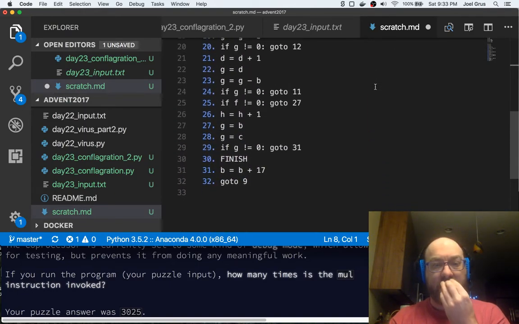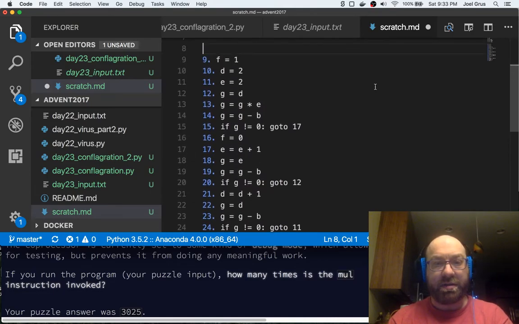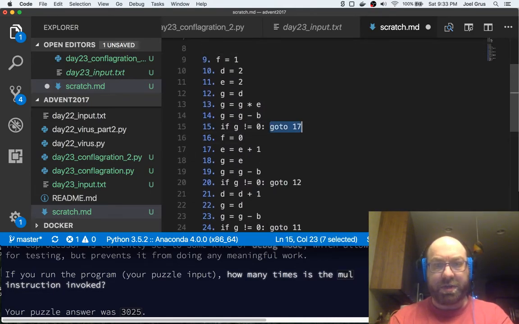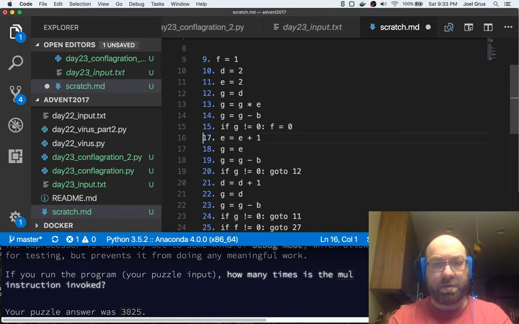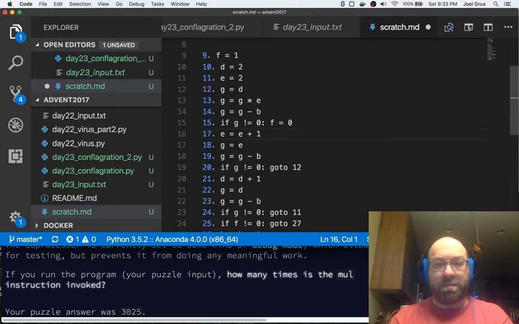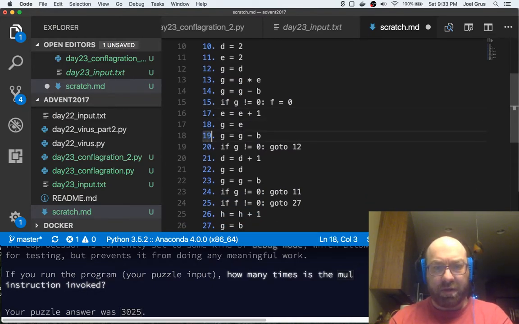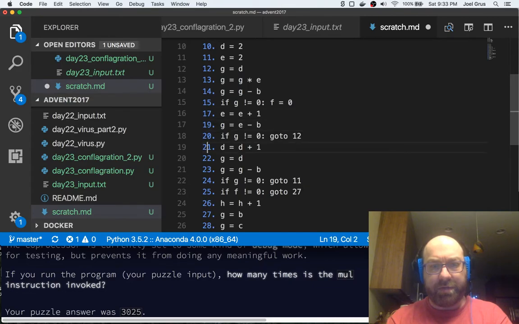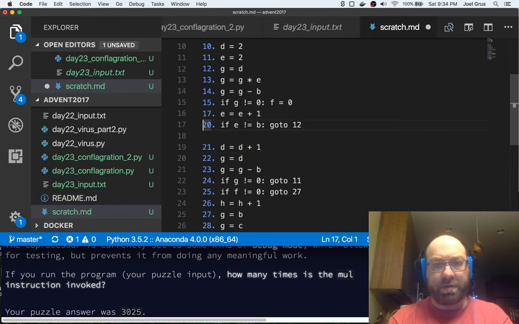So now, again, if G is not equal to 0, F equals 0. So we can get rid of that. G equals E. G equals E minus B. And so if E is not equal to B, go to 12. So that's fine.